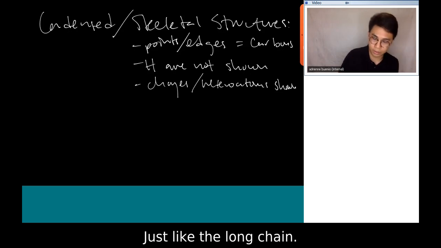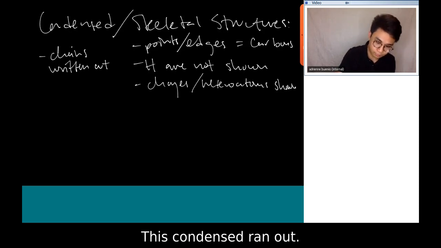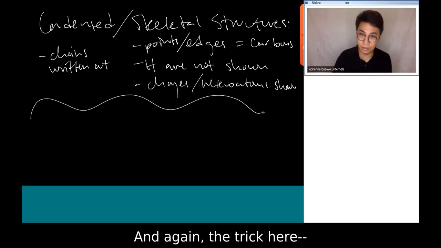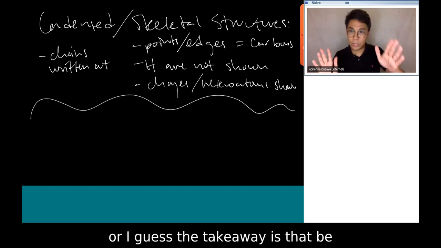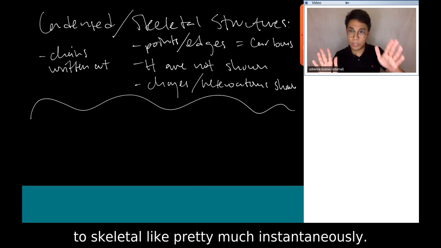I don't know how to explain it. Just like the long chains written out. I guess it's condensed written out. Okay, so let's do some examples. And again, the takeaway is to be able to go from skeletal to condensed, condensed to skeletal, pretty much instantaneously, right?